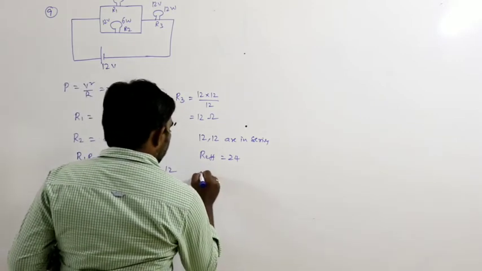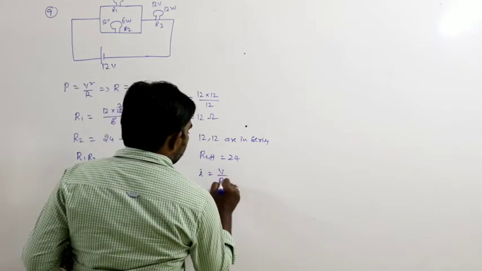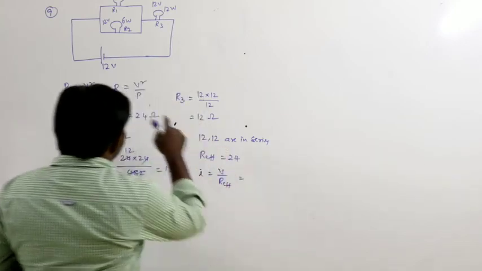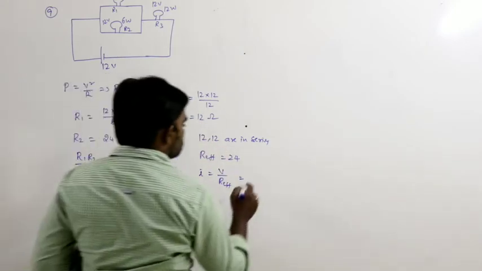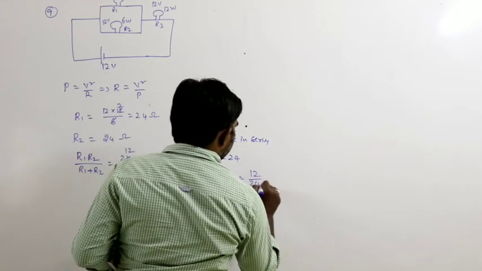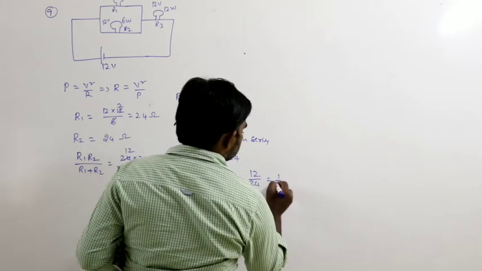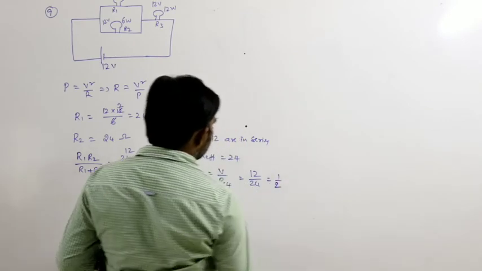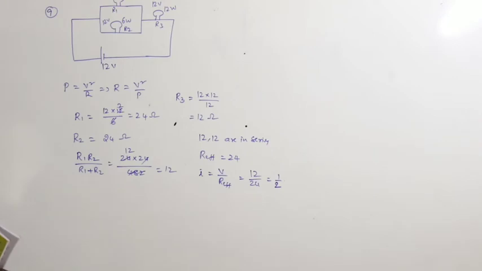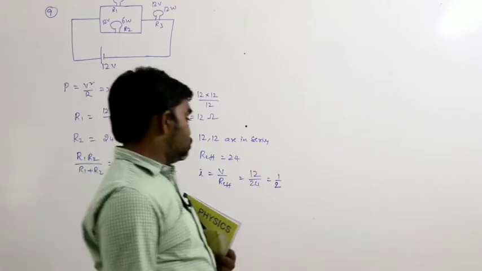Therefore I can be written as V by R effective. What is the connected potential here? 12 volts. So that is 12 by 24, that is 1 by 2. That is the total current passing through the system. Then what is the power consumed?